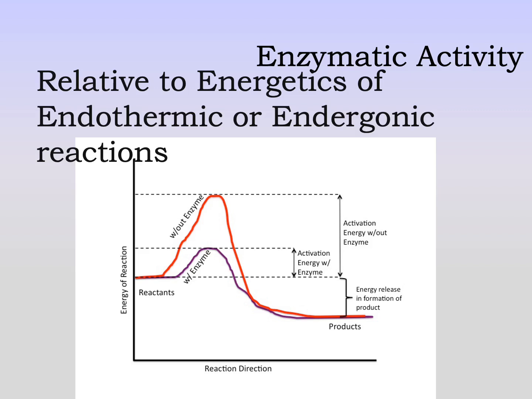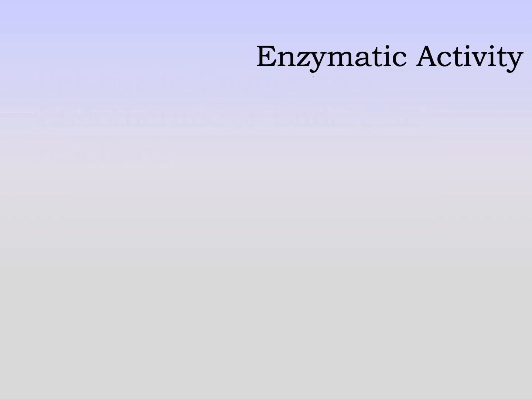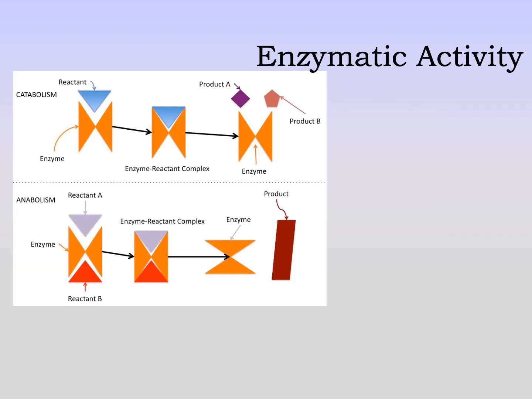When we look at the way in which enzymes function, it's all about the ability for the reactant to sit into the enzyme binding sites. For catabolism, I start with a larger molecule, it interacts with its enzyme, and by interacting with the enzyme, it pulls at the binding site, thereby splitting the large molecule into smaller molecules.